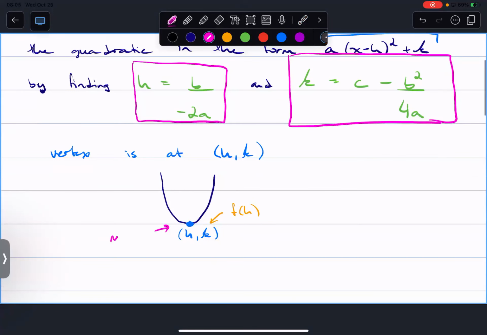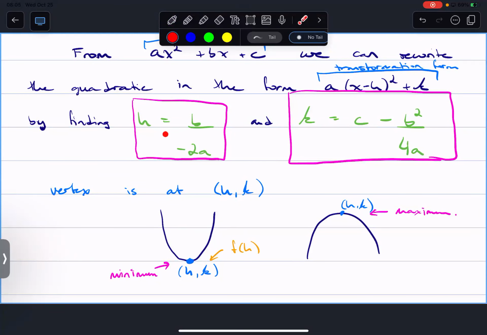So a minimum value, or the alternative is if it's upside down, then your vertex is still at (h, k), and then it would be your maximum, depending on which way it's facing. So that's useful because often we want to optimize something, which is either maximize or minimize, whatever floats our boat. And so h, which is the key to all this, is the x value that maximizes or minimizes this thing.